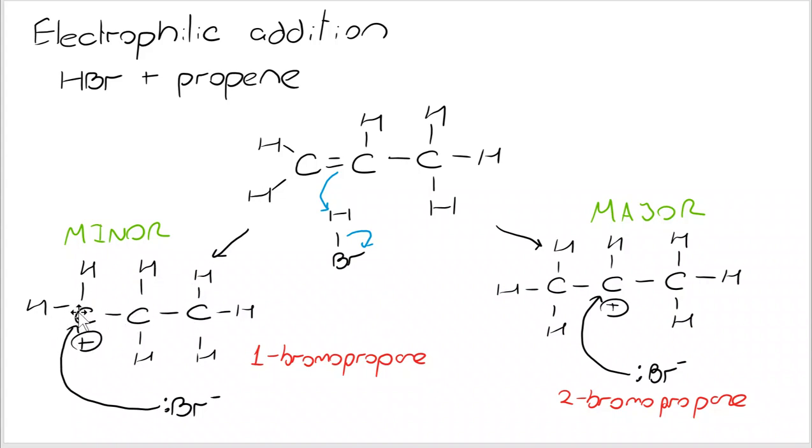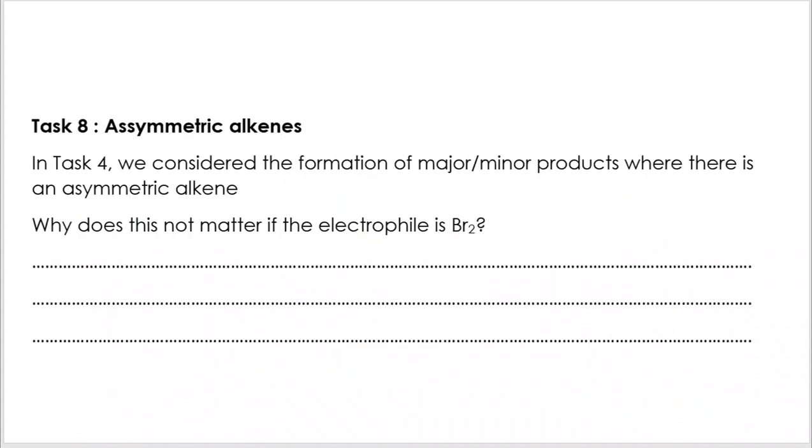This is a primary carbocation. It has 1 alkyl group connected to it. And we can talk a little bit more about the inductive effect that causes that later on. But something formed by a secondary carbocation intermediate is more likely to happen than a primary because secondary is more stable. So let's take that on board, and we're going to go back and revisit some of these key bits.